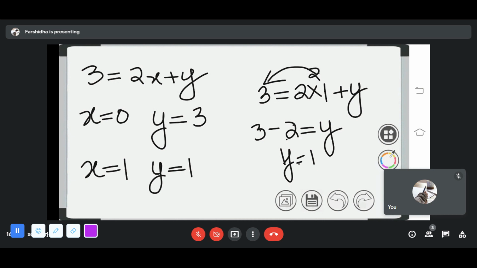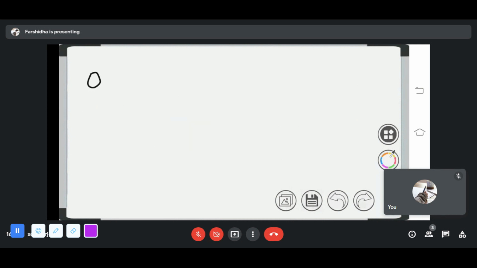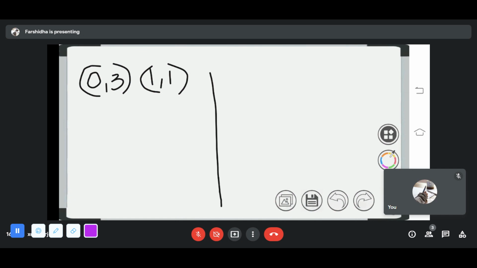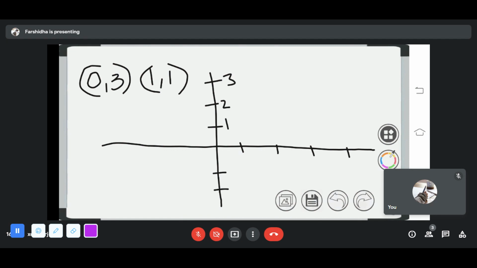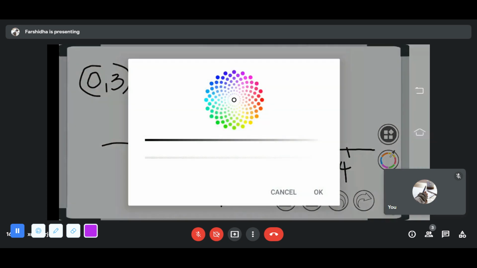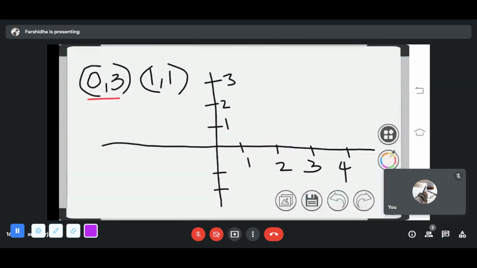So your points are (0, 3) and (1, 1). First point (0, 3).